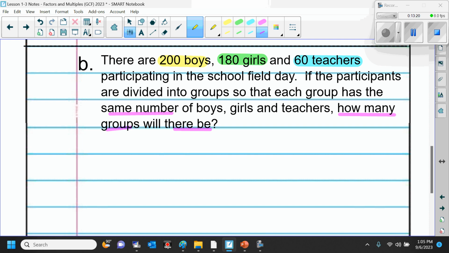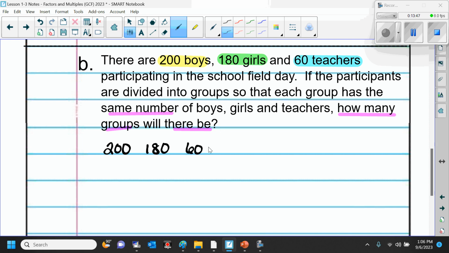So, do we want to do the cake method or the factor trees? Okay. I'll do the cake. I also did the factor trees in my written notes, and then I'll post that on the Canvas modules also if you want to look at that too. All right. So, we've got 200, we've got 180, and we've got 60.